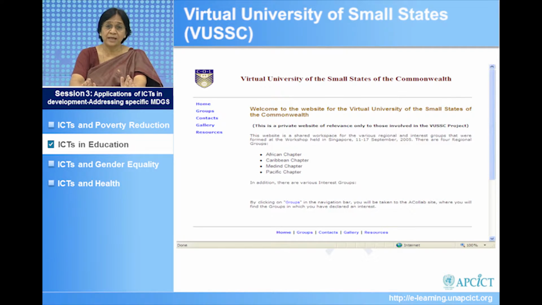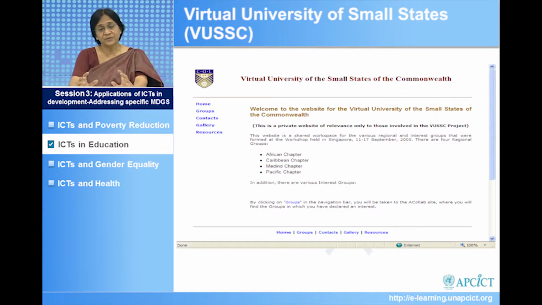It is created for, and developed by, the small landlocked countries of the Commonwealth. And here you find that, in a collaborative manner, universities in the Indian Ocean, the Pacific Ocean, the Caribbean area, and Africa have come together to jointly develop courses and offer higher education.